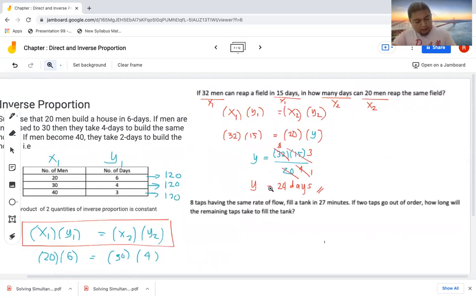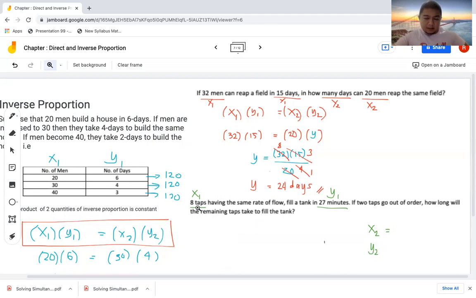So knowing a while ago that you are going to substitute the values as x sub 1, y sub 1, and x sub 2, y sub 2, we will now understand that these two particular values represent our x sub 1 and y sub 1. And the question here is what unit or what value should we put as the y sub 2 and the x sub 2? So in here it says 8 taps.